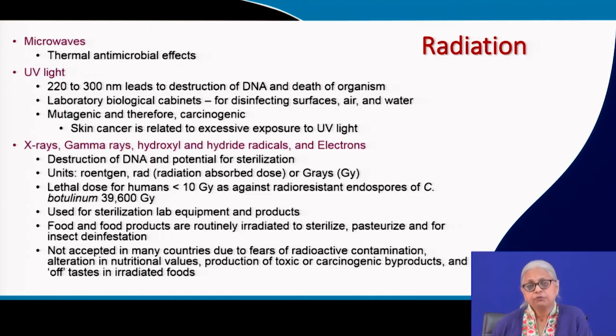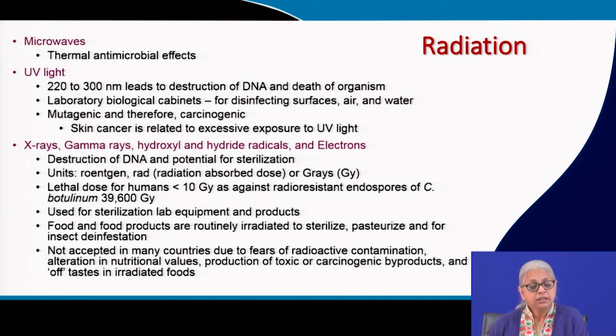A lethal dose for humans, as I've already shown you in previous lectures, is less than 10 grays, and we have endospores of Clostridium botulinum which can withstand 39,600 grays. So you can imagine that these endospores have enormous longevity, mainly because of their ability to withstand high radiation, heat, desiccation, all of these things is what gives endospores their longevity.